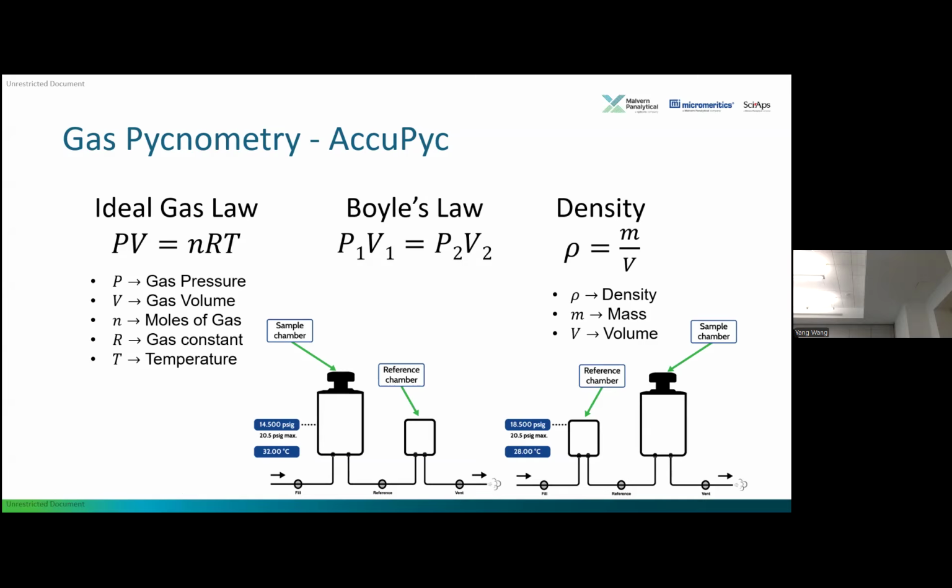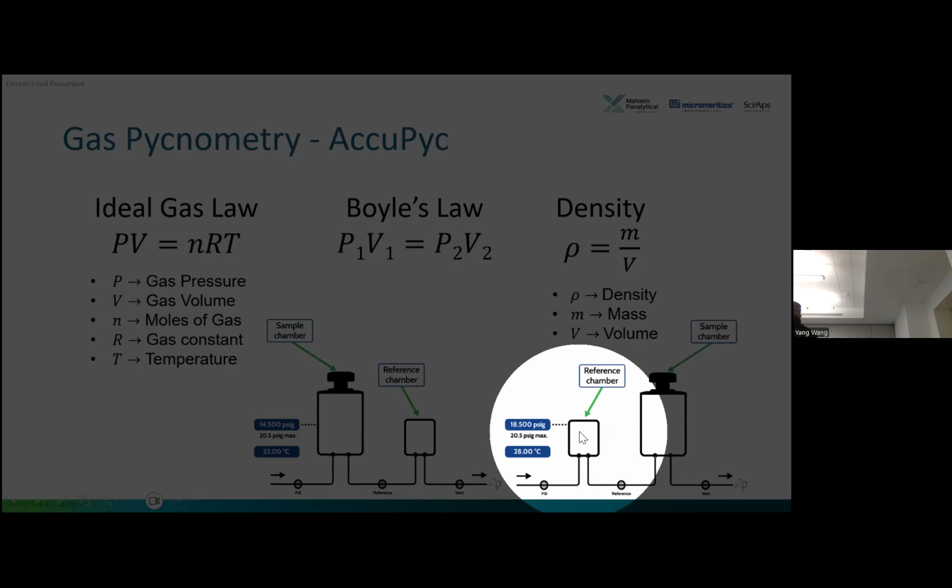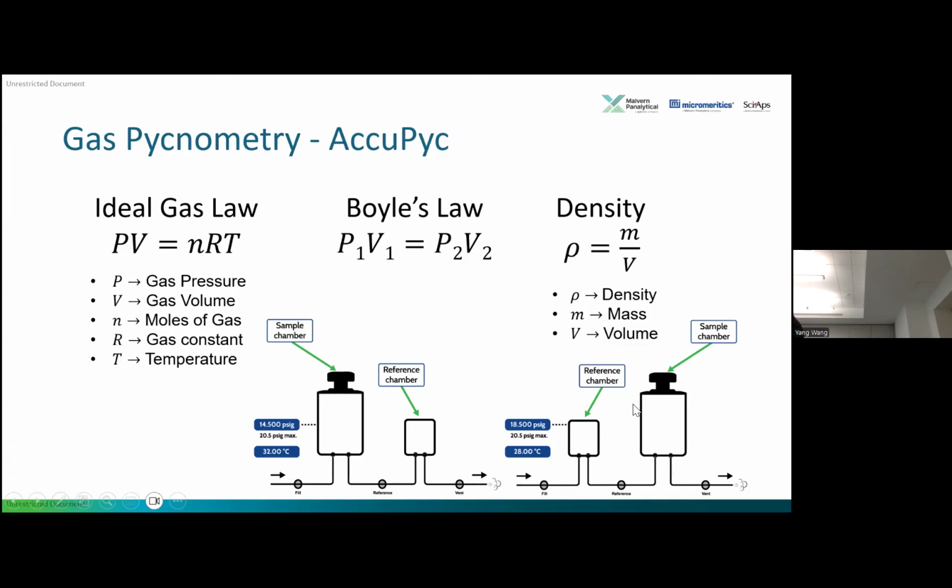Volume 1 is the calibration, volume 2 will be the unknown, and we can calculate it from this calculation. You can also do the reverse direction, where you fill the reference chamber first and expand to the sample chamber. There are some cases where that's more appropriate depending on the material. But in general, that's how the gas pycnometers work.